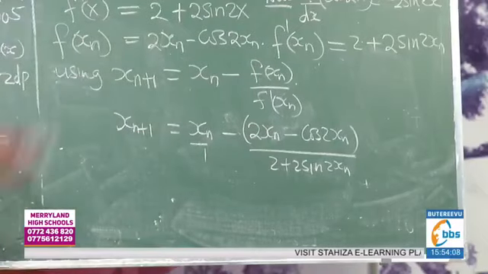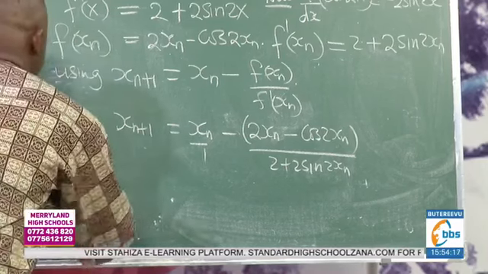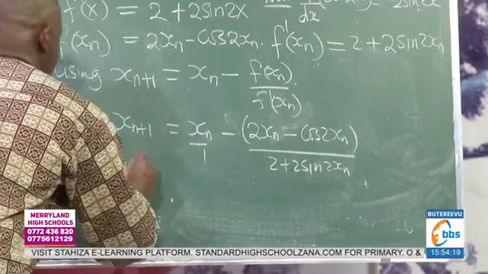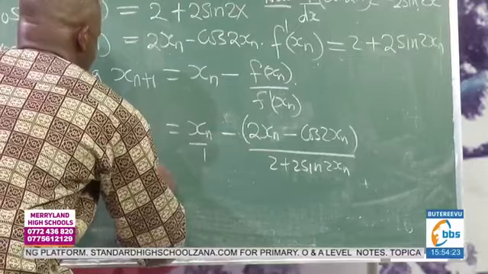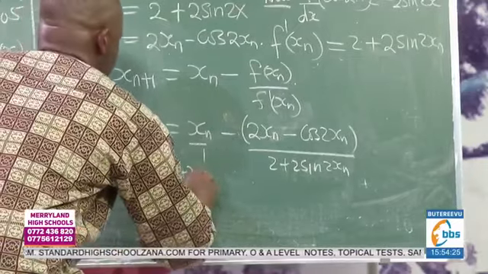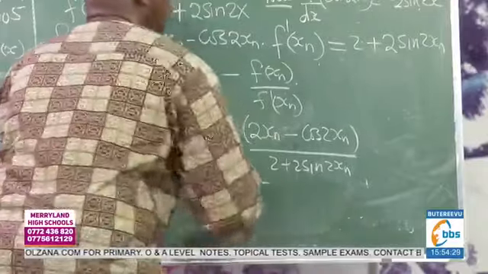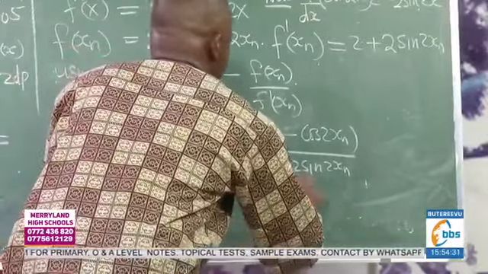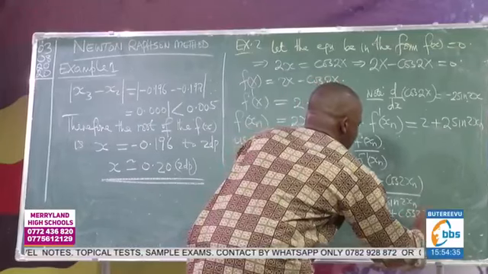I will say that by taking the LCM, the candidates should be able to get our xn plus 1 being equal to, I'll do it straight away, xn into (2 plus 2 sine of 2xn), minus, allow me to open this, (2xn minus the cos of 2xn).